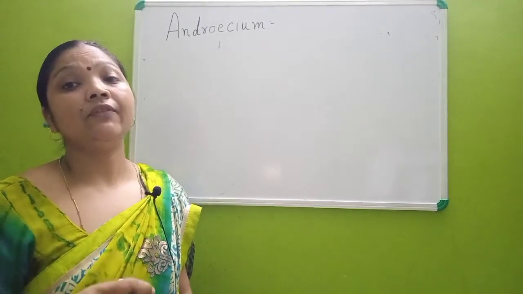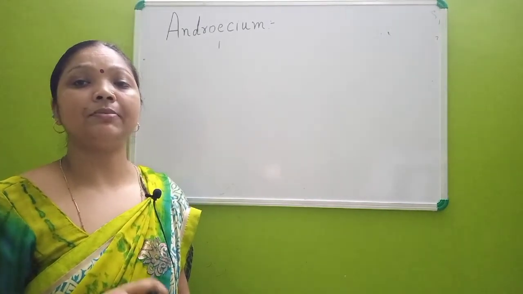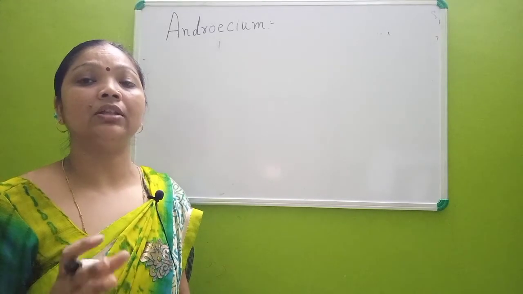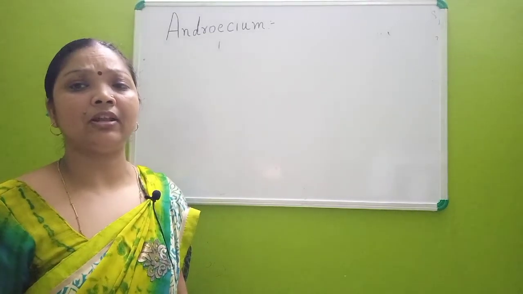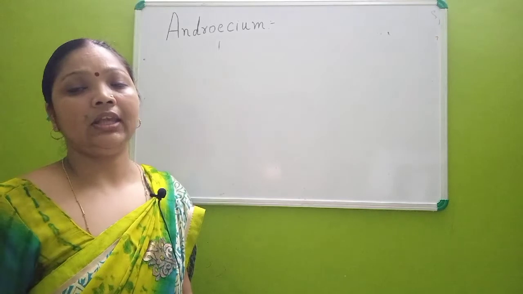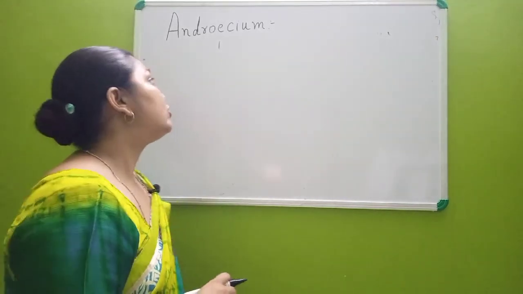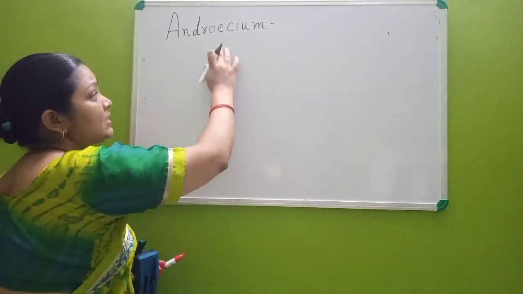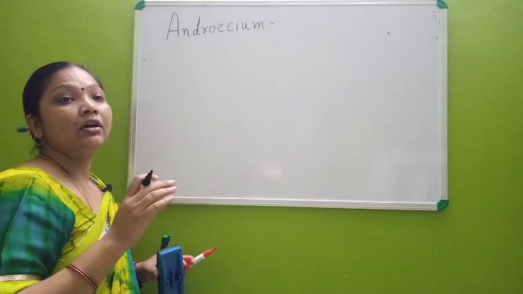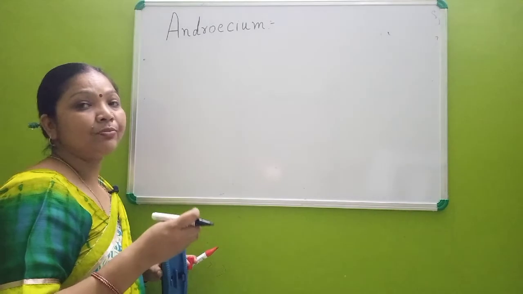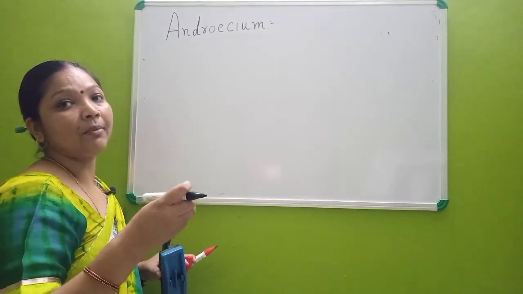But if it is not attached to the thalamus but to another whorl of the flower, that is petal, sepal or anything else, then what will be the terminology that we use? So, the terminology on the basis of the attachment of stamen to some other whorl.